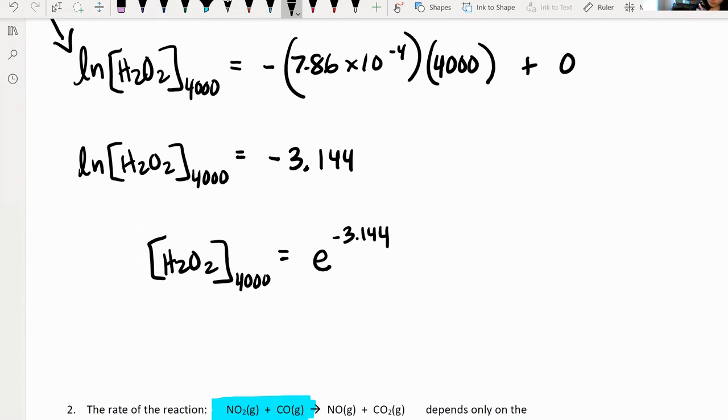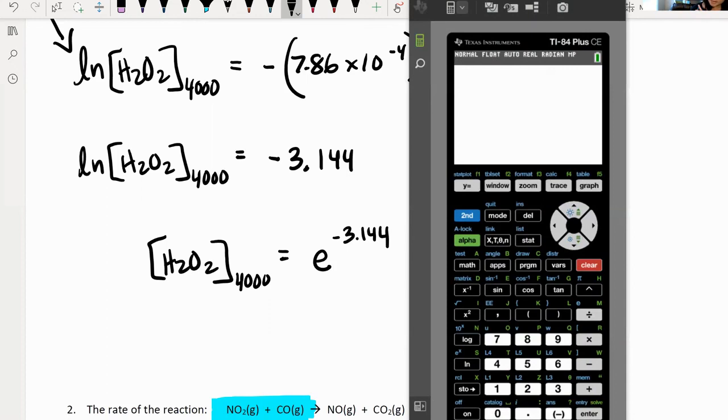Okay, so I'll show you where it is on the TI. I'm going to hit second ln, and it will bring up the e. This is not the same E that we use for scientific notation. e raised to the power of negative 3.144. Enter.